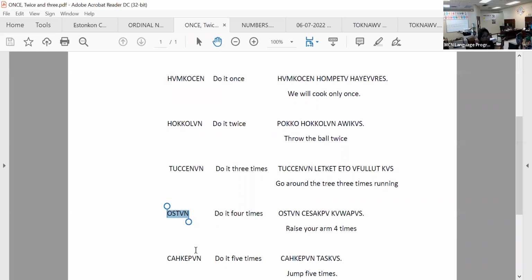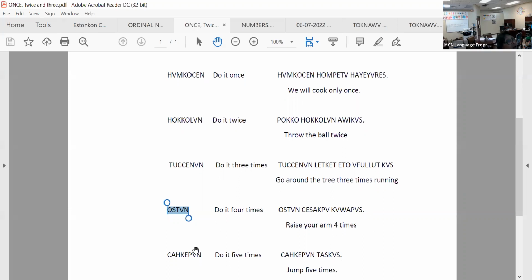Do it 4 times. Ostan chisakpa kawabas. Raise your arm 4 times. Do it 5 times. Jakiban, jump 5 times. Jakiban daskas.